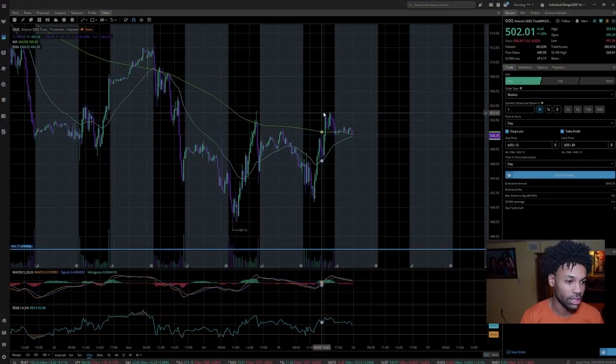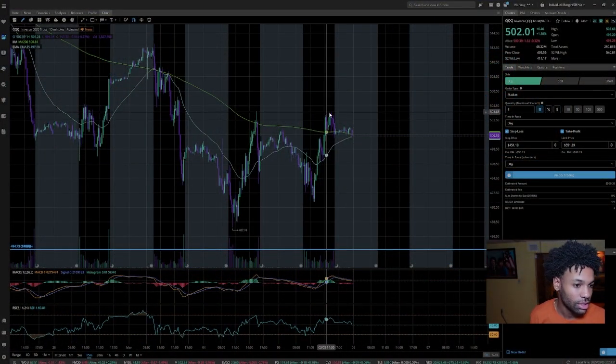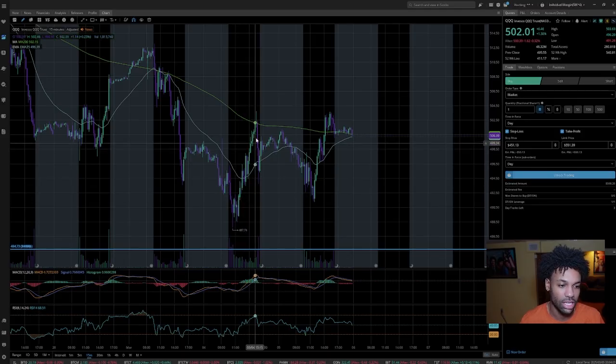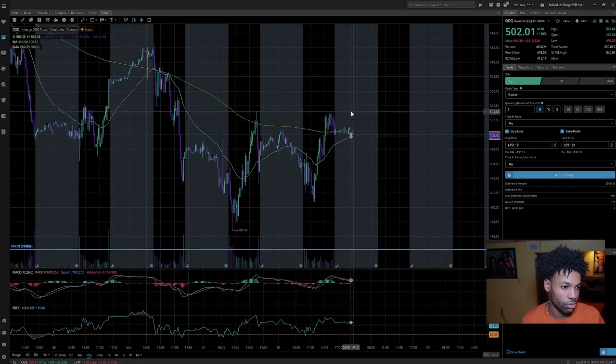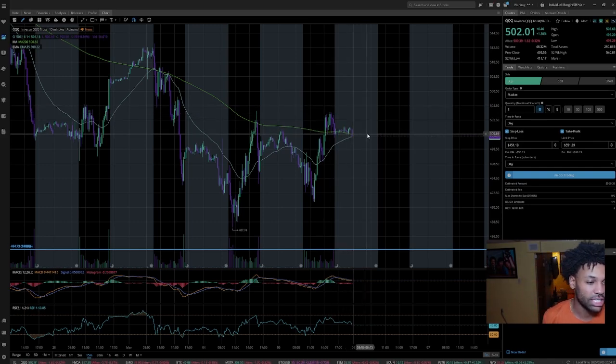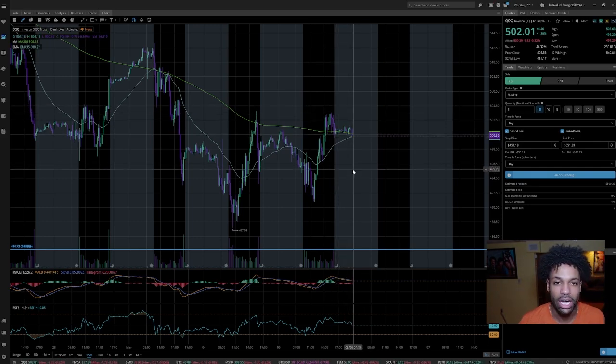What is it, 503? 50? Like I said, it doesn't have to be an exact point. But around this range, we pulled back. It's only happened once, but we hit that and then we pulled back.